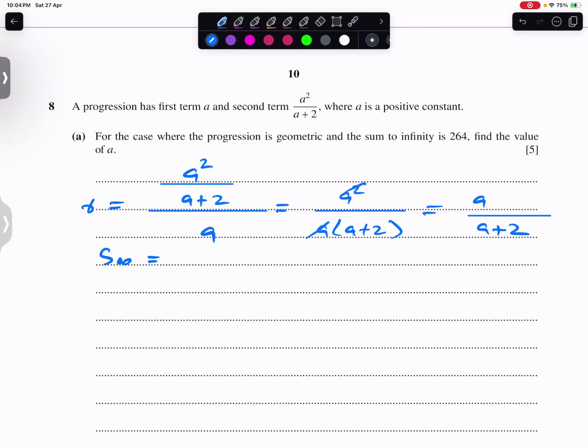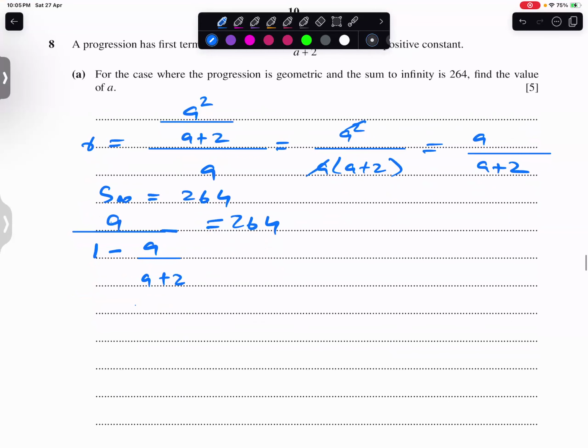So sum to infinity is 264. And the formula for sum to infinity is first term, which we call a, over 1 minus common ratio. So a over 1 minus a over a plus 2 is equal to 264. So a plus 2 into a, by taking LCM, a plus 2 will go to the numerator.